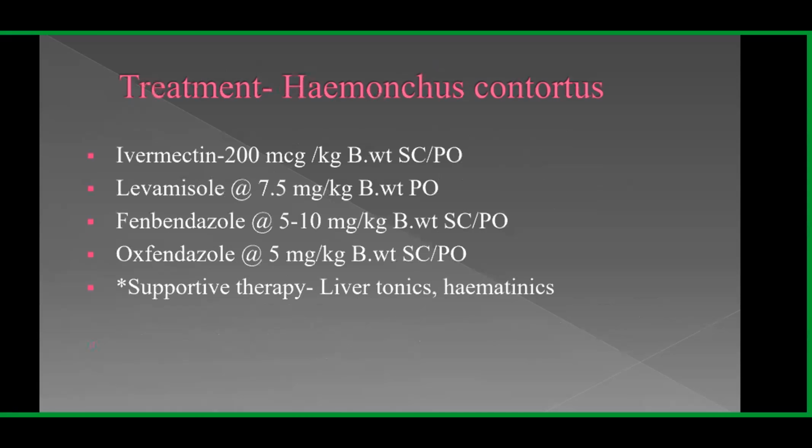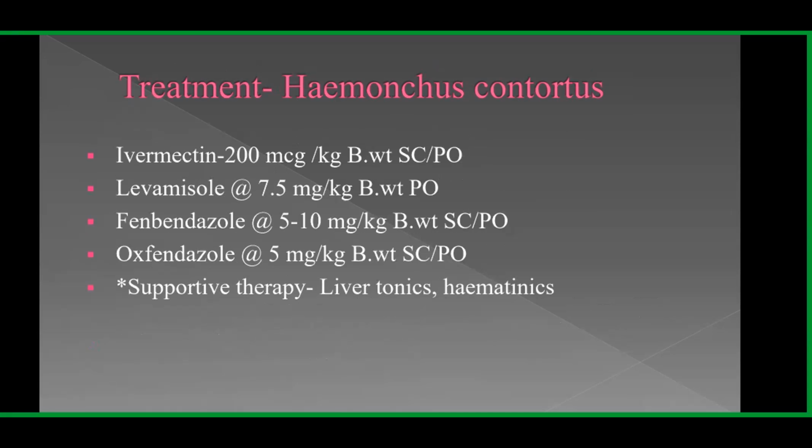In case of Haemonchus, the treatment will be ivermectin at the dose rate of 200 microgram per kg body weight subcut. We can also give tablets orally at the dose rate of 200 microgram per kg body weight. This can also be extended up to 3 times the dose rate, up to 600 microgram per kg body weight.